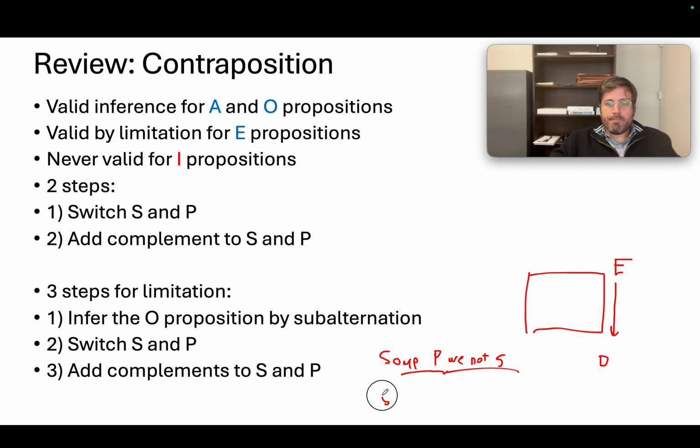Here's the final answer. We need to retain our particulars, so we have some, excuse my handwriting, some non-P are not, we need negation, and here's the tricky part, non-S. This is the final contrapositive for our E proposition. Some non-P are not non-S.